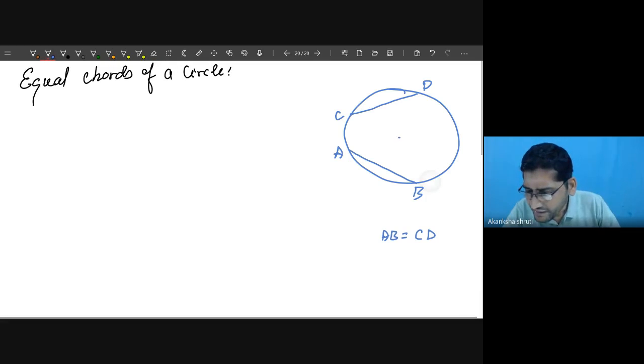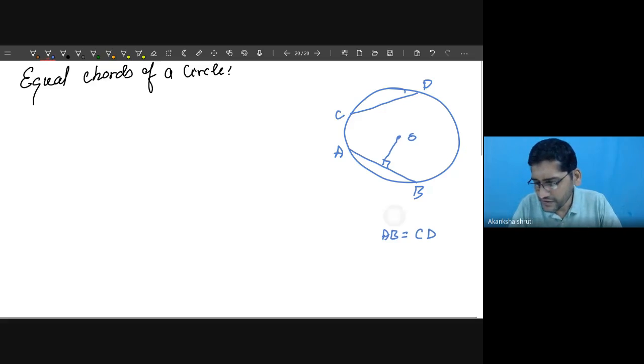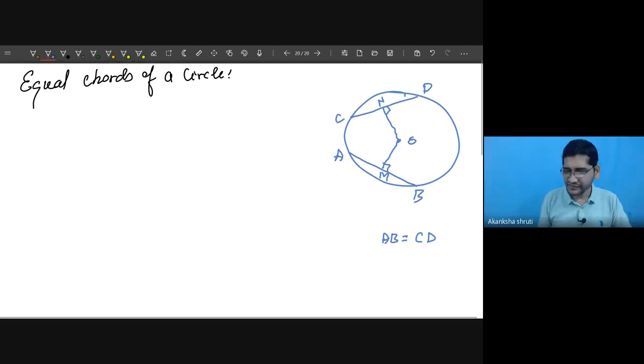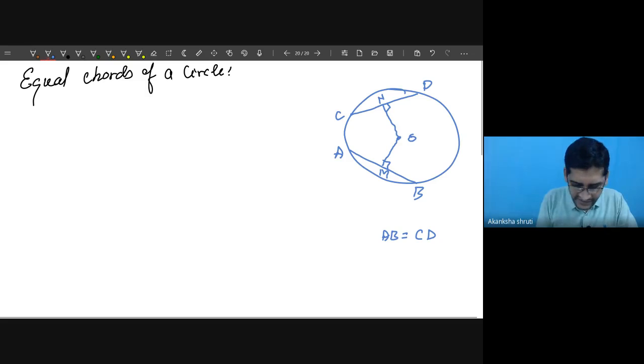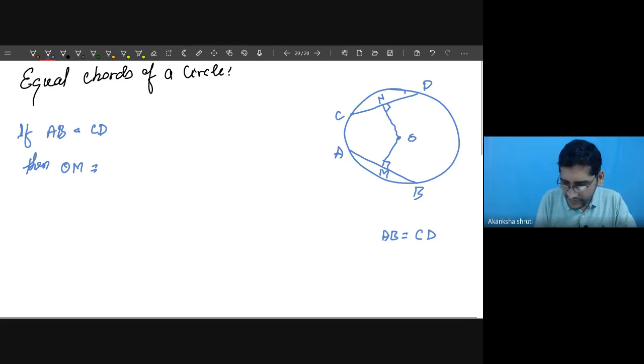If we draw perpendicular from the center O over this chord, let us call this M, and the perpendicular on the other chord as N. Okay, students? So the noticeable point here is that if AB is equal to CD, then the perpendicular length of AB from the center, OM, will also be equal to ON. This is one way.